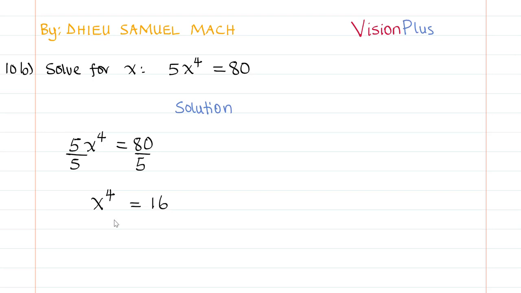So what we can do here is take the fourth root of this number, simply because this is to power 4. And if you look at this power, it is even. It is an even power. That means whether x is positive or negative, if you raise it to power 4, it gives us a positive number.